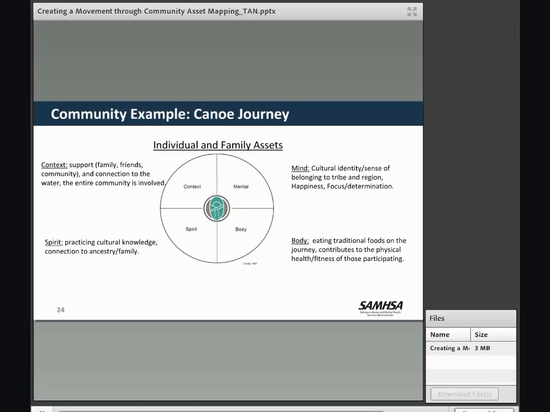So again, using that canoe journey example, in the context quadrant, we have our connections to the water, and it's an intertribal, intergenerational event where anyone from the community could be involved. In the mental quadrant, we have cultural identity, your sense of belonging to your tribe and your canoe family, and the lessons you learned from participating.